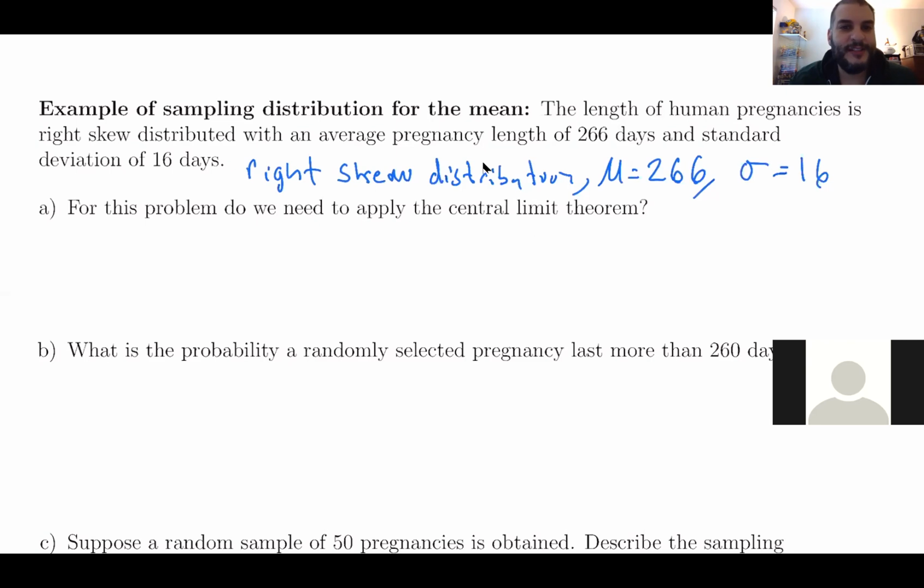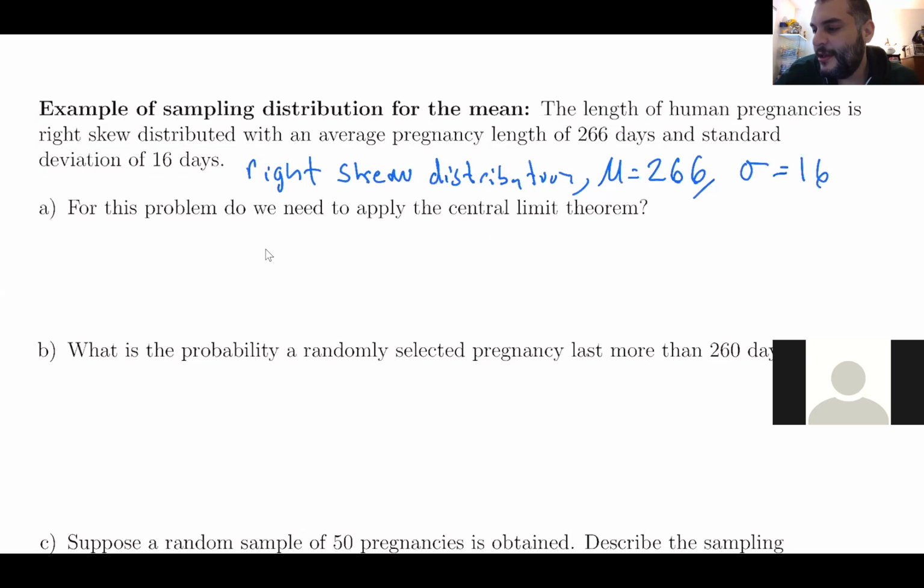Since they tell us the distribution is a right skew distribution, for this one we do need the central limit theorem. If it had been a normal distribution, then we wouldn't need the central limit theorem. But since this distribution is not normal, we're going to need the central limit theorem to be able to say that it is approximately normal.